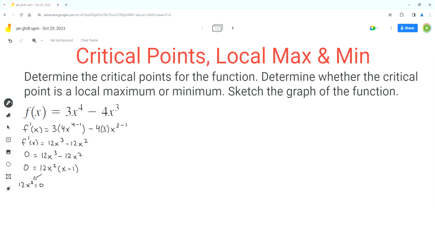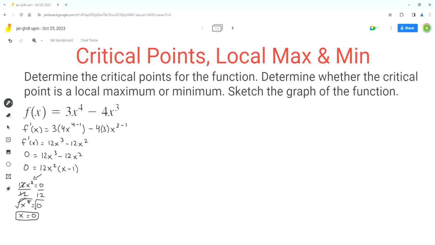So we divide both sides by 12. The 12 on the left side goes away and we get x^2 equals 0. Now we can apply the square root to both sides. On the left side, the square root and the square cancel each other out. So we get x equals 0. This is our first critical number for this function.